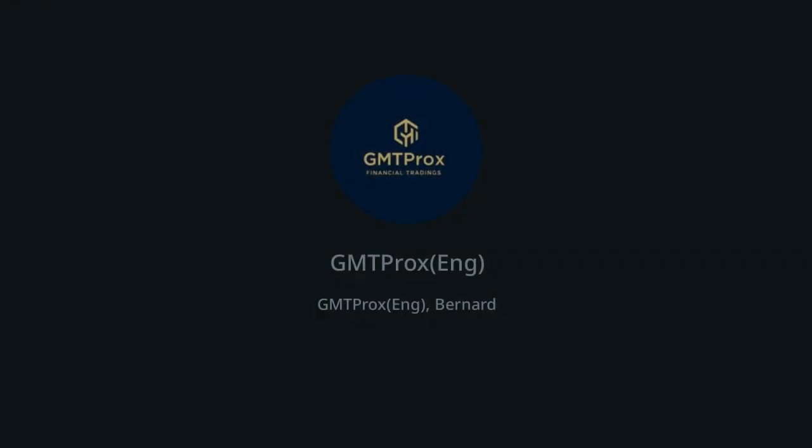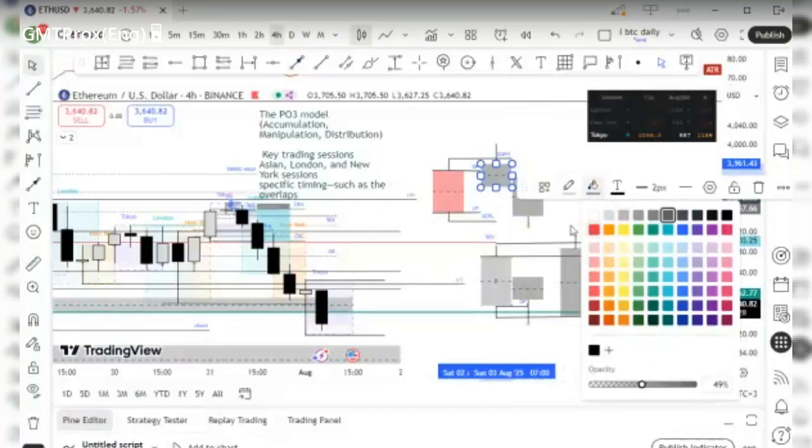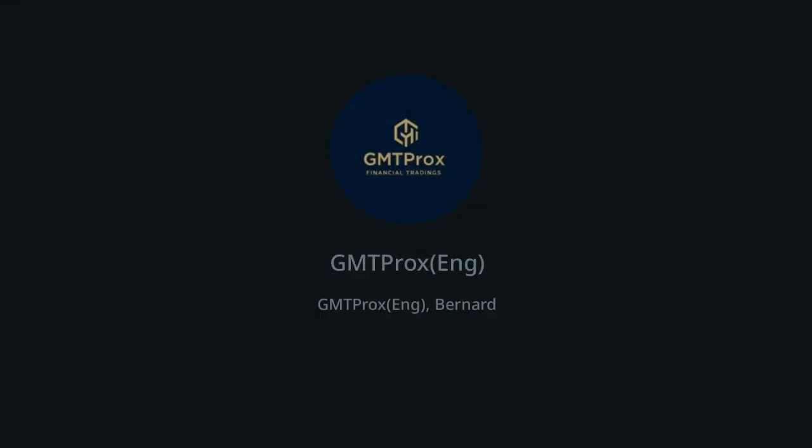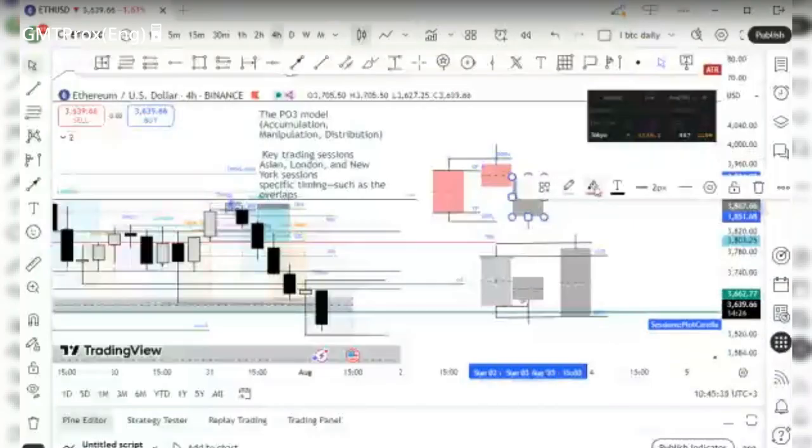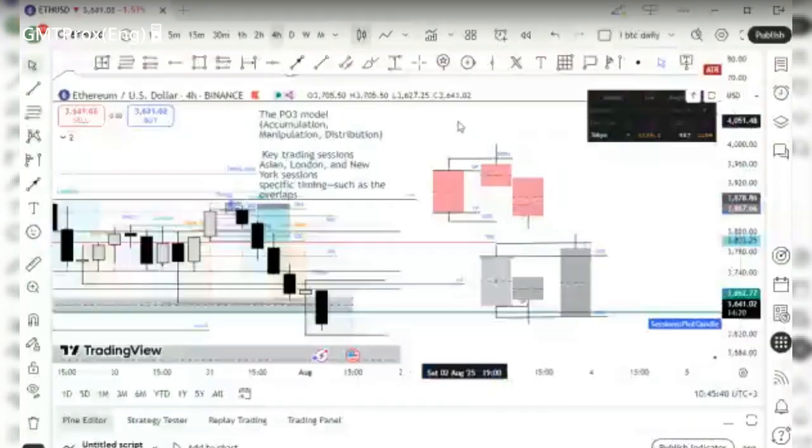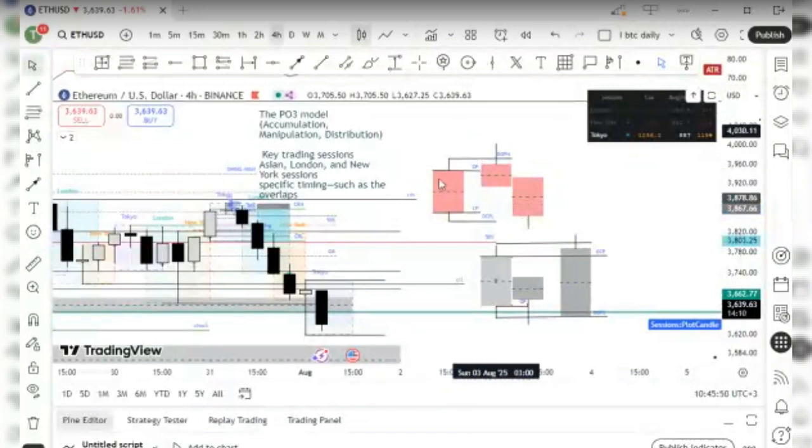So let me put it like this. The colors are the same here. I hope with these drawings, you have understood how the market is moving. So this is what the candle length theory is all about. It's about accumulation, which gives us a length. It's about manipulation, which is the liquidity grab, and then distribution or expansion.